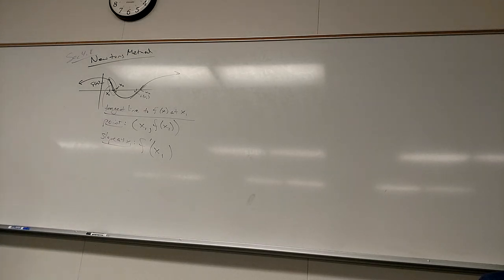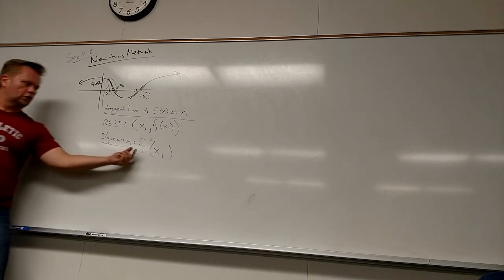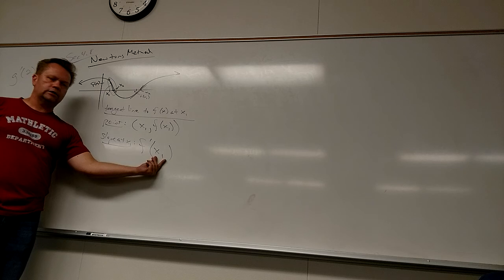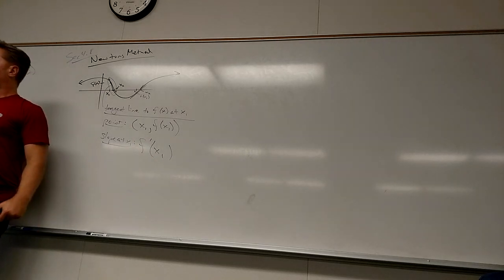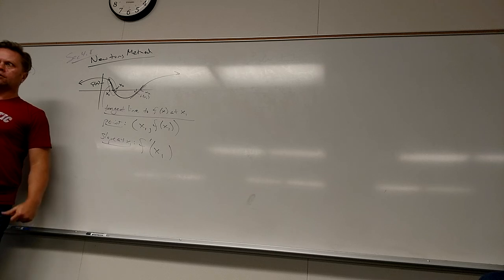Real quick, a side note. Can somebody explain in words what that represents? The slope of the f function at x1, which is exactly what I need for the tangent line at x1. It's got to have the same slope.